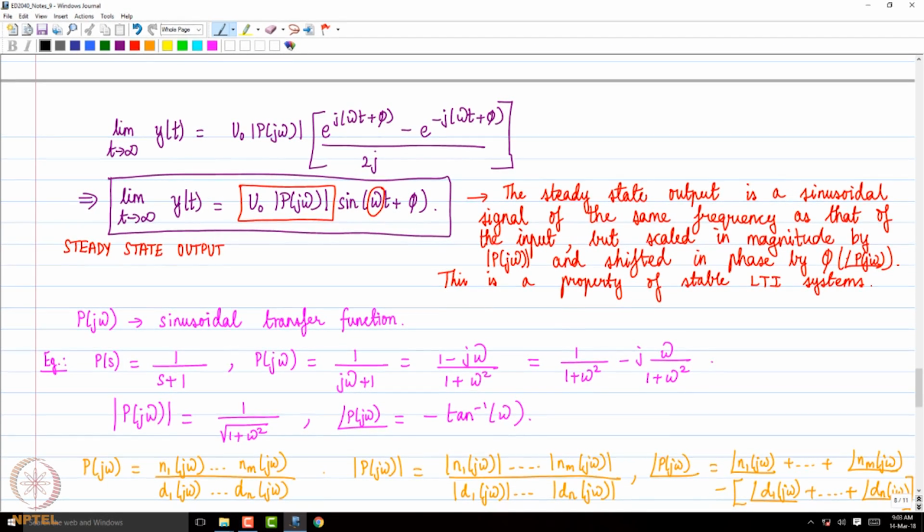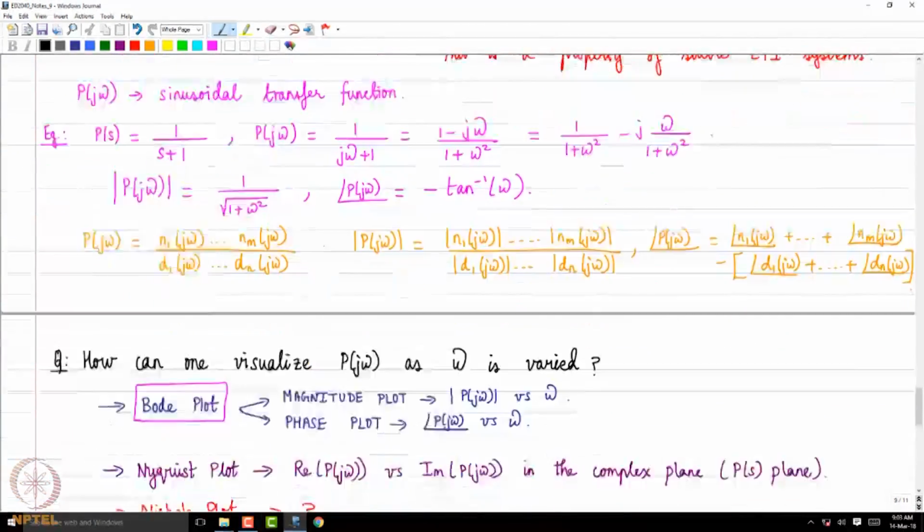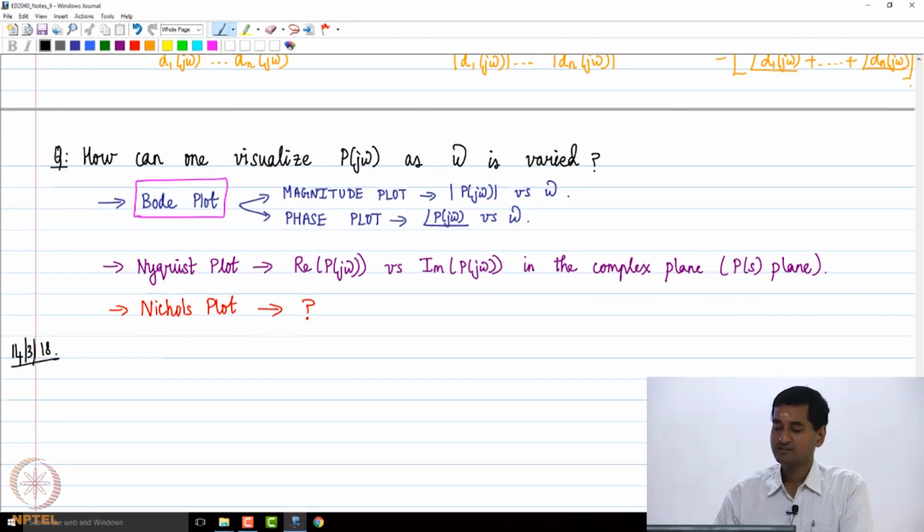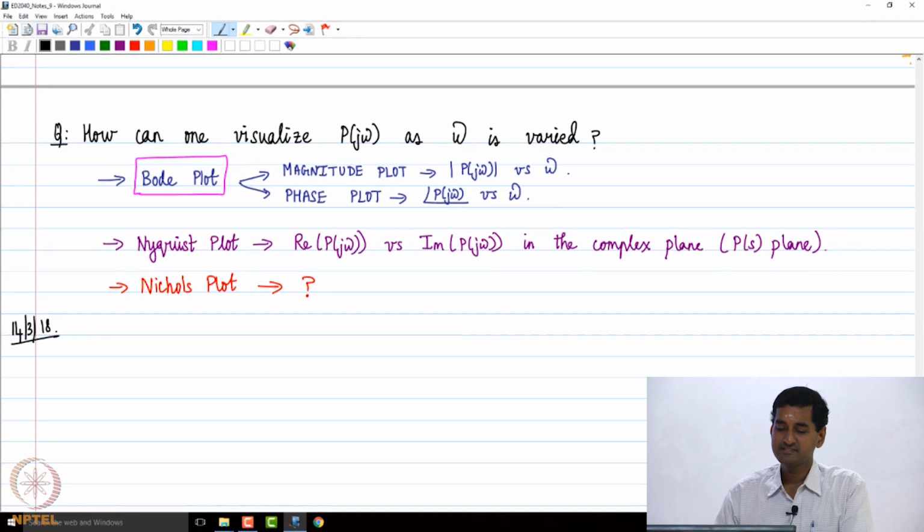So consequently, the frequency response is characterized by P of j omega, which is called the sinusoidal transfer function. The question that arises is, since P of j omega is a complex valued function of omega, how does one visualize it as omega is varied, from a practical perspective?